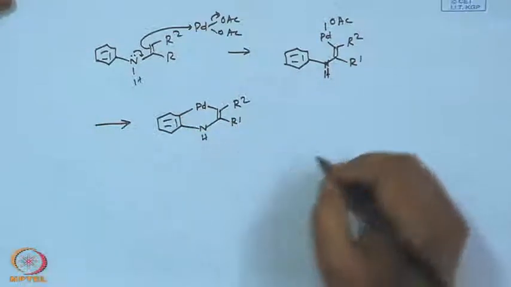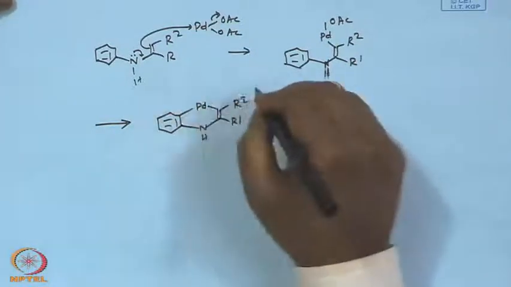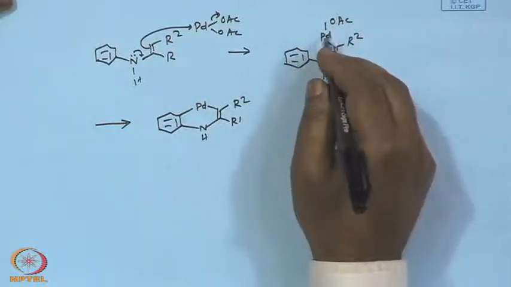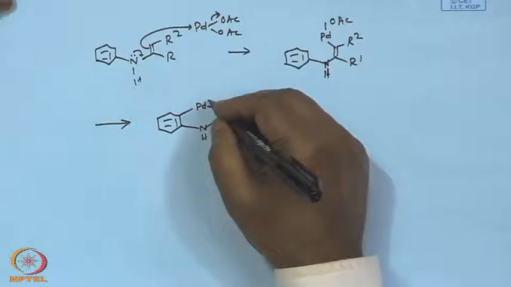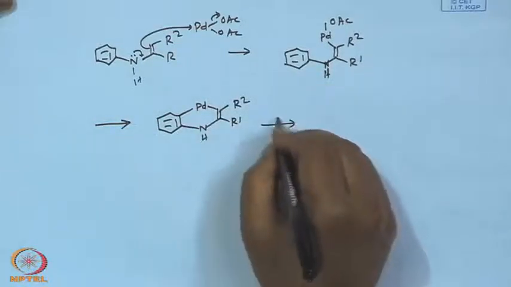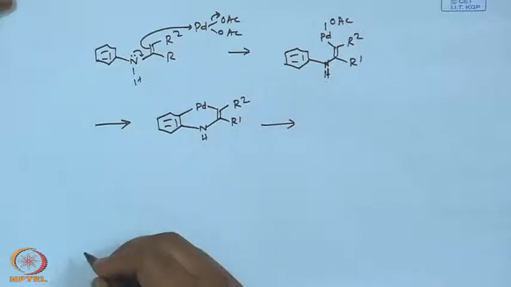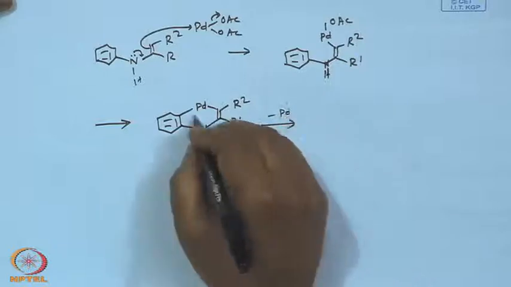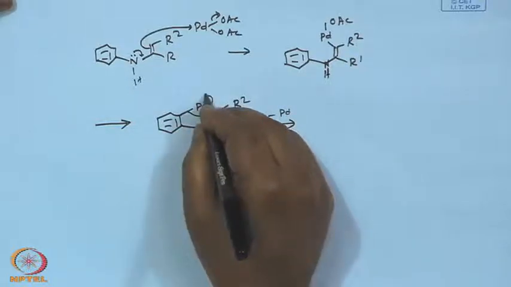And then of course acetic acid comes out, and then you have all kinds of ligands here, and by now all of you know what is the next step? Reductive elimination. So, reductive elimination, and that means it will go like this and this.